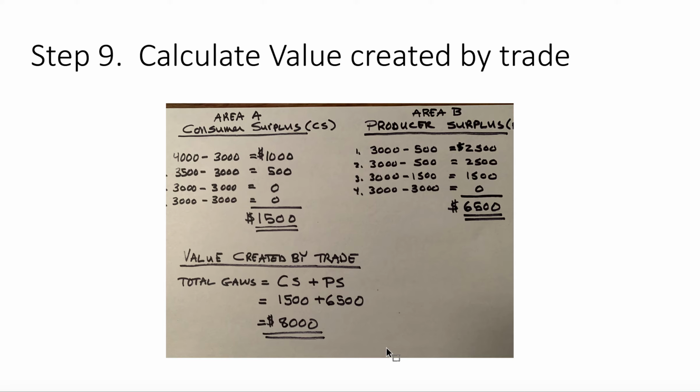And the producers gained because their minimum willingness to accept was below the market price. So 8,000 is the value created by this market. That's it. It's not a big secret, but it's a little bit different than how you would traditionally think of financial returns, price times quantity. We'll come back to that.